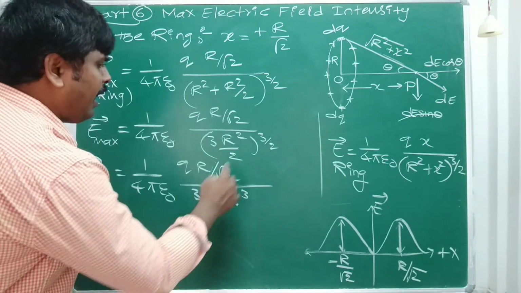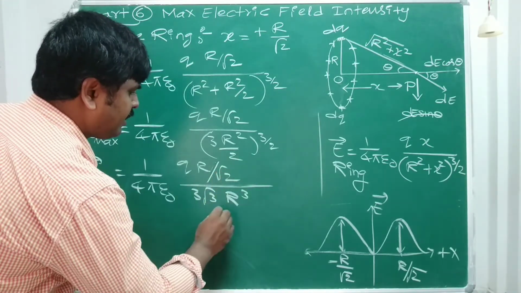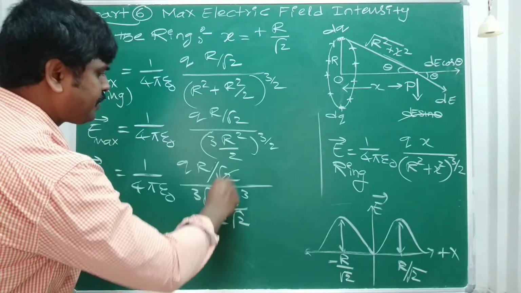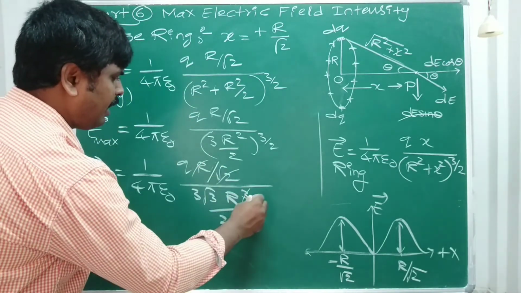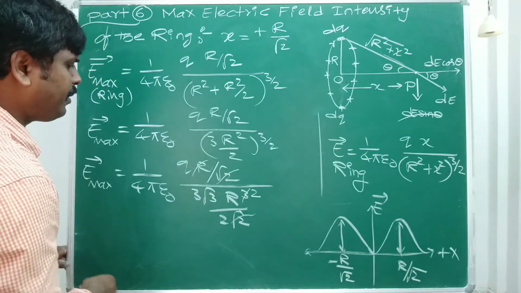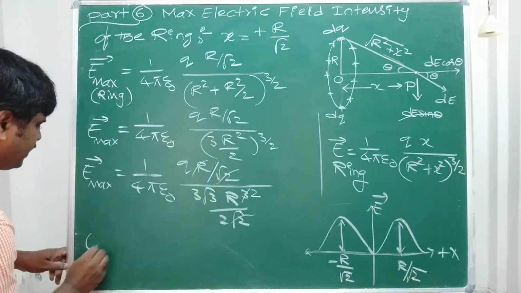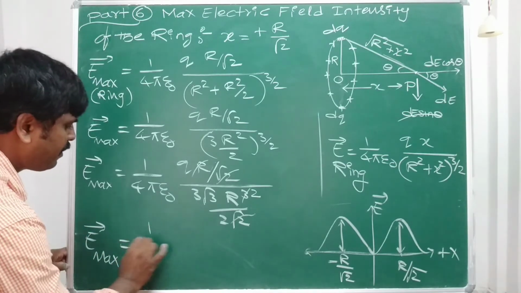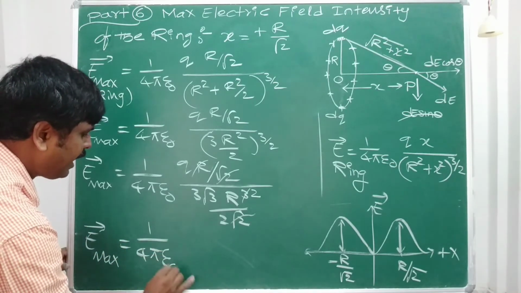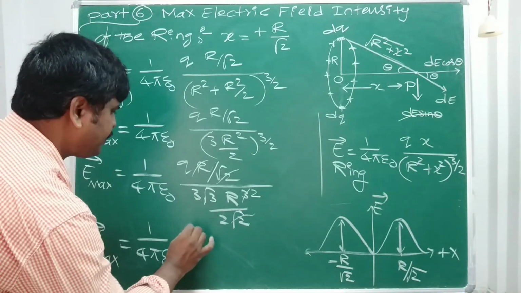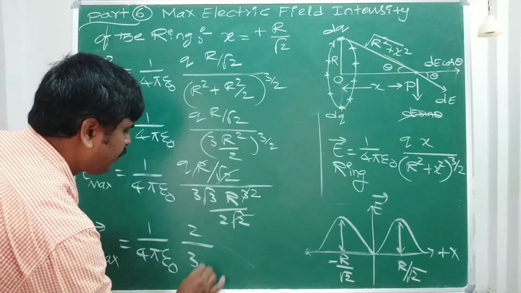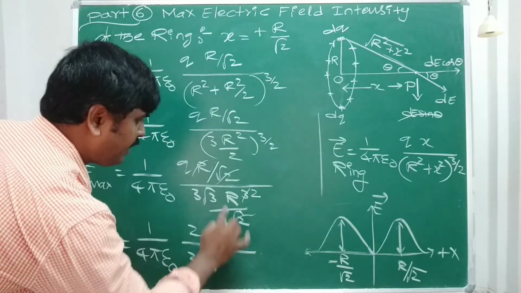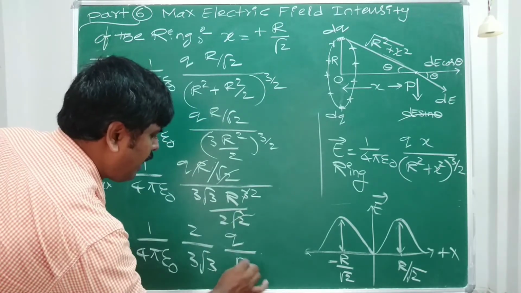The denominator is also 2 root 2, this root 2 gets cancelled with r, and this is r square. So the resultant equation is E maximum equal to 1 by 4 pi epsilon naught, 2 divided by 3 root 3, q divided by r square.